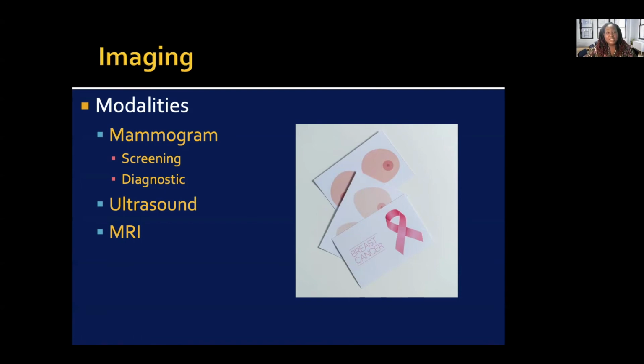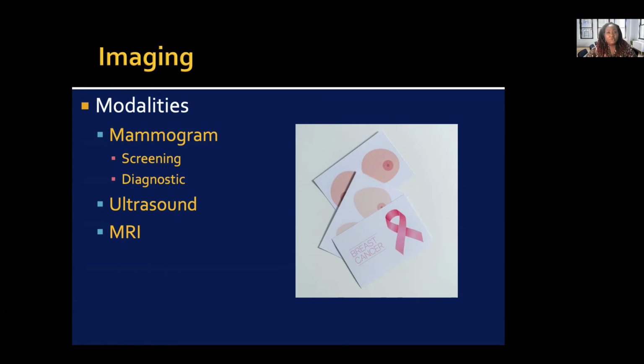But some of the classic or common times to obtain an MRI is if you have a patient who has multifocal or multicentric lesions, right? So there are lesions on multiple aspects of the breast, and you want to make sure that you're identifying those areas correctly in your surgical planning. And also, you're looking at the other breast to make sure that you don't have any synchronous or contralateral breast cancers as well.